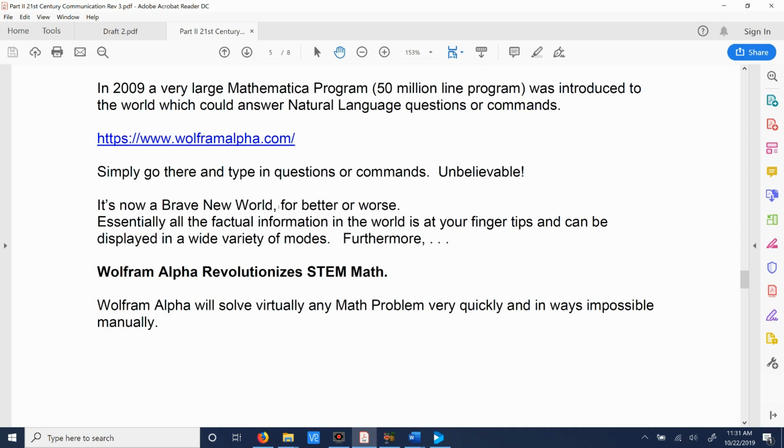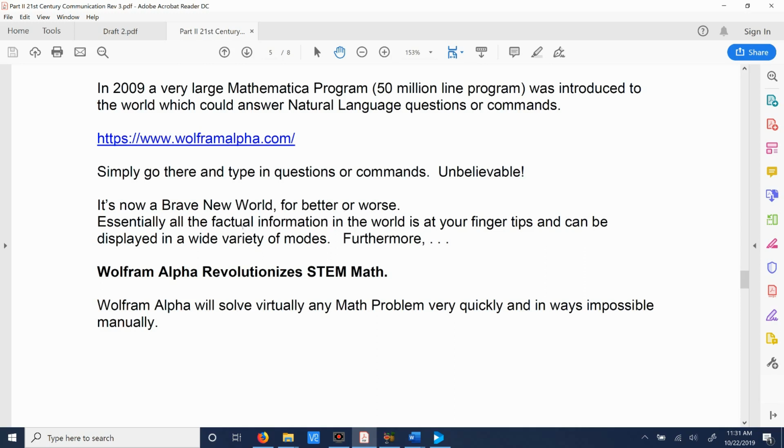So I believe that because of this, we're now entering a brave new world. When an ordinary person can give a command to a computer in a natural language, that means he's programming the computer. There's a genealogy person that's used Wolfram Alpha to do genealogy. It's just absolutely amazing. It's all sorts of things you could do with it.